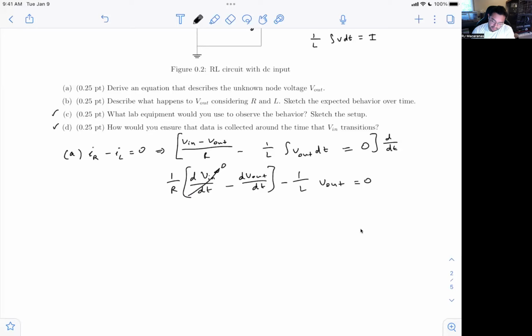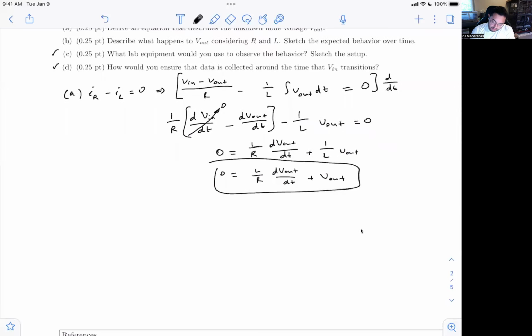So what we have is, if I move everything over to the right side, I have 0 is equal to 1 by R dV out by dt plus 1 by L V out. And then if I multiply through by L, I have L by R dV out by dt plus V out.